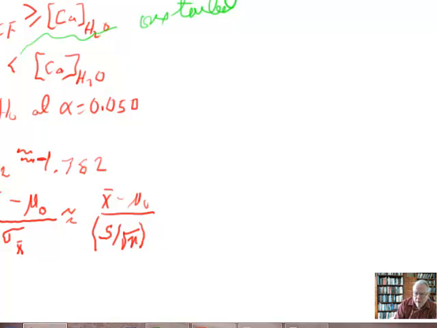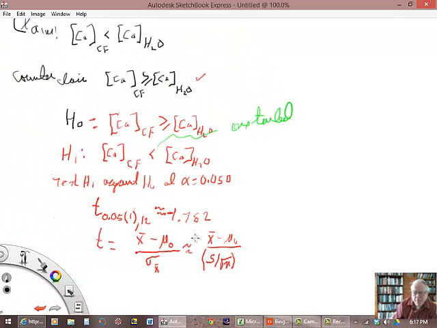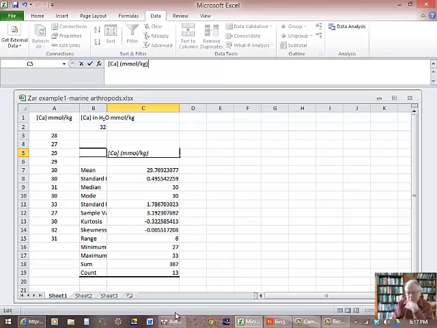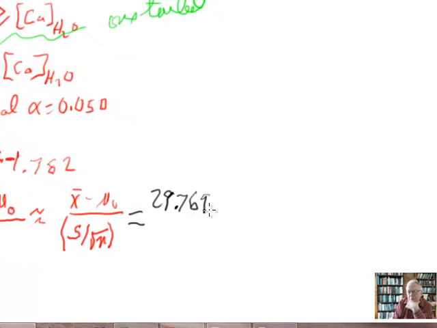This is equal to x bar, which is 29.769. The hypothesized null hypothesis mean value was 32.